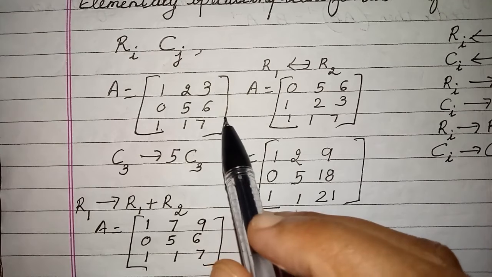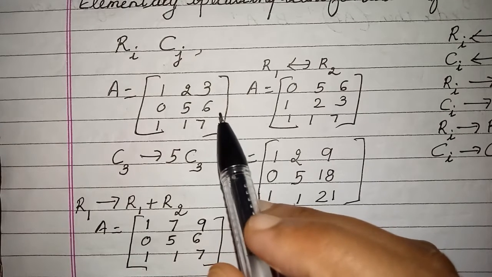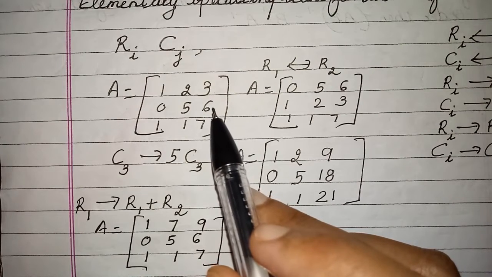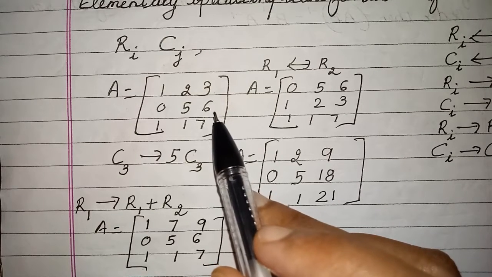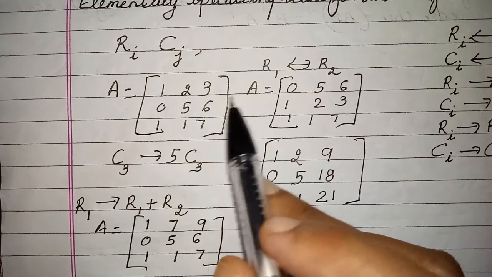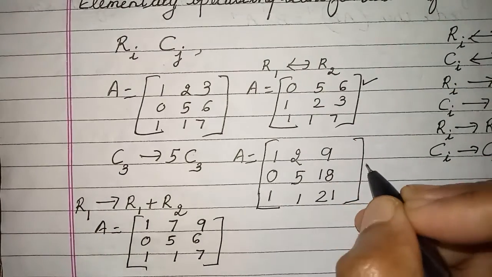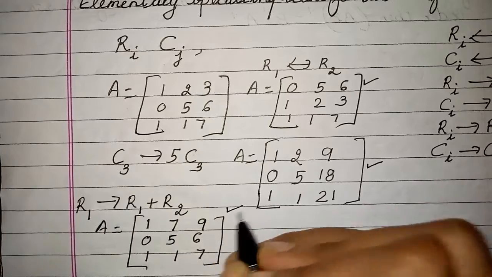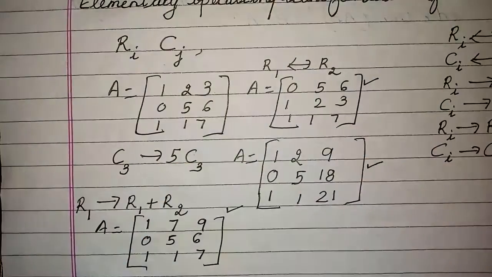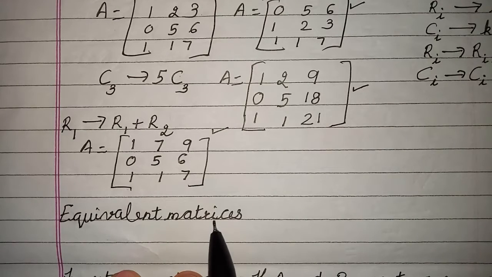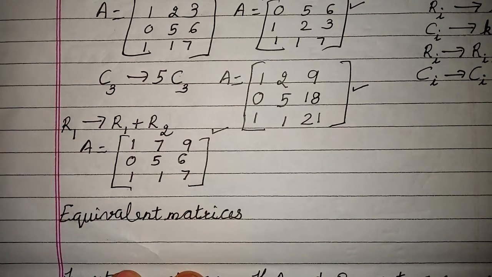So what I have done here, children, is some row or column operations on a given matrix. When you do row or column transformations on a given matrix, the new matrix you get, when compared with the original matrix, is called an equivalent matrix. What do you mean by equivalent matrices?